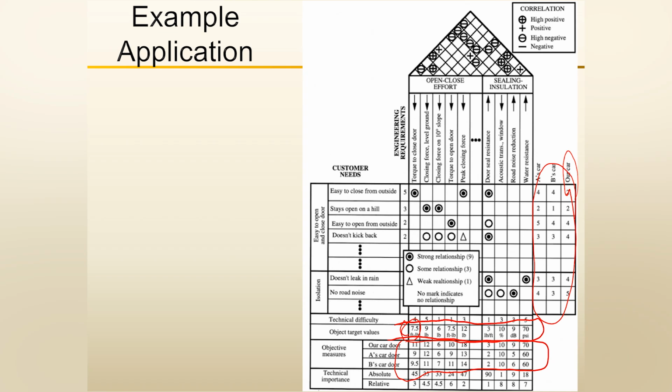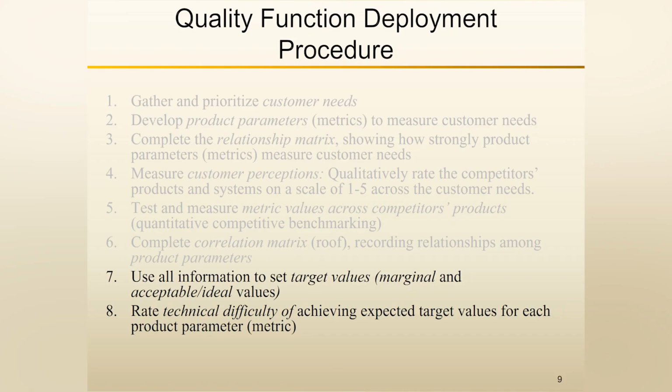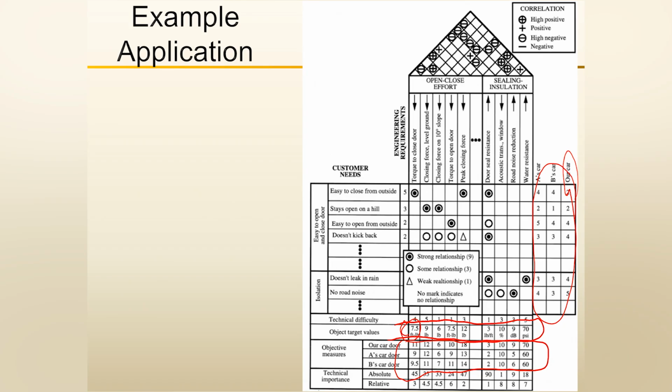The last thing in the house of quality is to set the technical difficulty and technical importance of the performance metrics. And so the technical difficulty is, again, recorded or rated on a scale of 1 to 5. So 5 is difficult, 1 is easy.